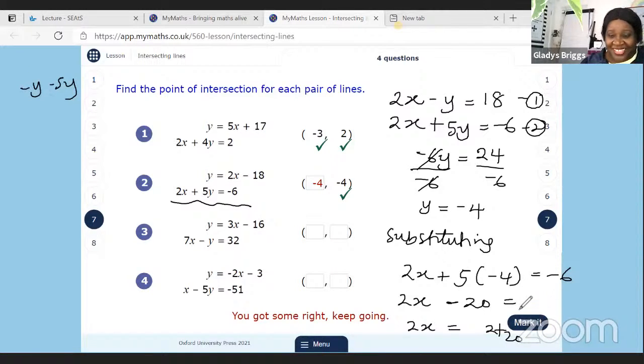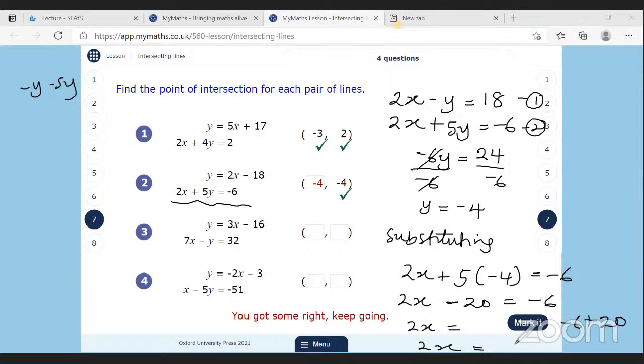I'm looking at the top one each time. Okay. So this should be -20 is equal to -6. So 2x is equal to -6 add 20. What's that? 2x is equal to 14 and x is equal to 7.